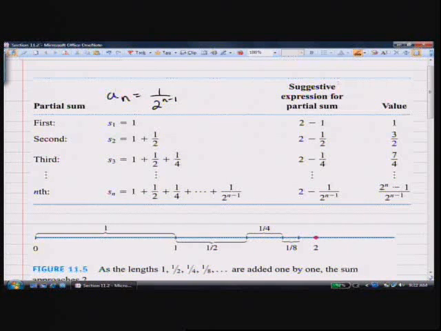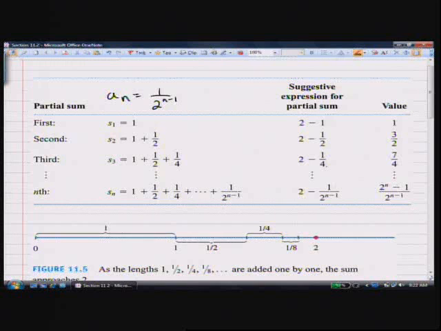And then they say this, and for me, this is where it's kind of tricky. Looking at this after a while, they realize that they could say this is like 2 minus 1. This adds to 3 halves, so this is 2 minus 1/2 as a way to think of that. Now this adds to 7/4, which is 2 minus 1/4.